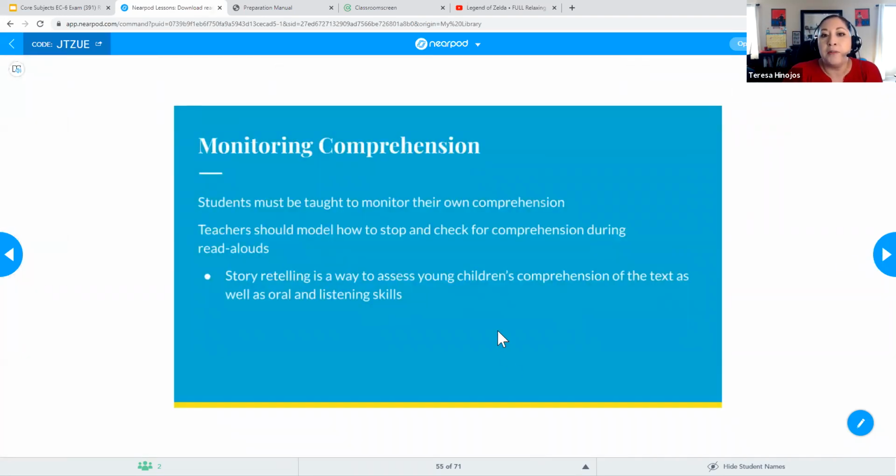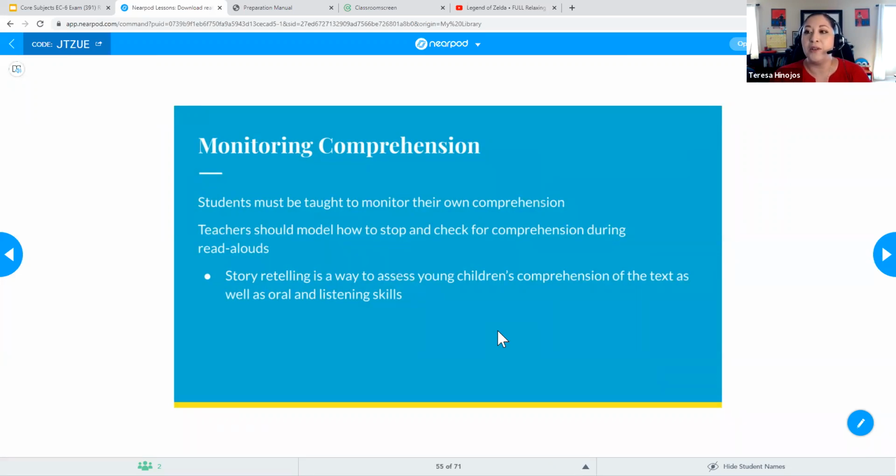And then, of course, you have to make sure that you monitor comprehension. So notice that with all of these competencies, there is that monitoring component, right? We have to make sure that students' oral language is being monitored, their reading fluency and reading comprehension. Students have to be taught to monitor their own comprehension.